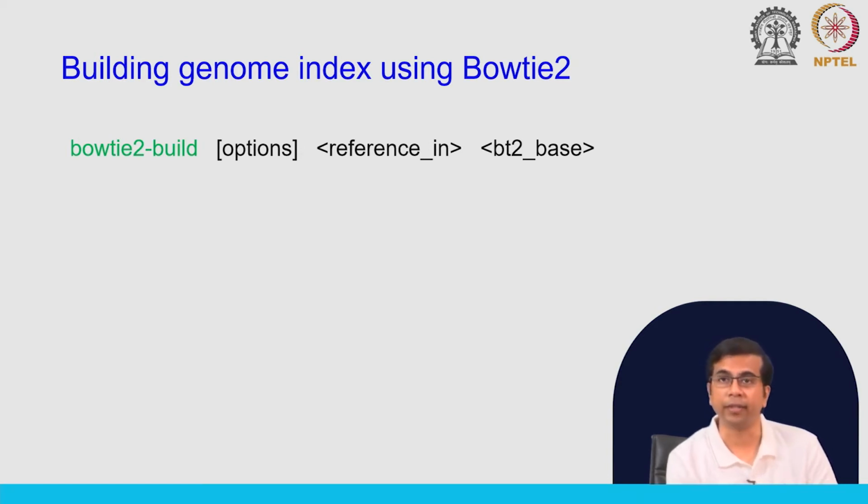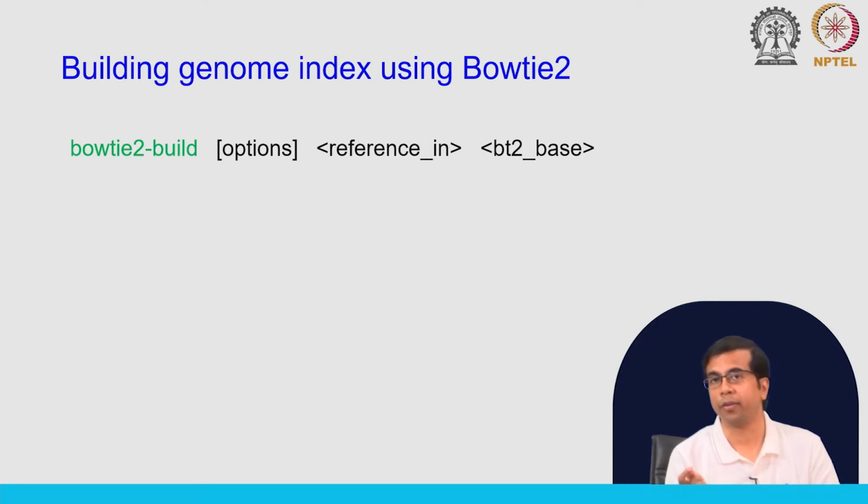It could be a single reference genome, or it could be multiple reference genomes. Maybe you have sequenced one reference genome along with certain other fragments, then you want to use these multiple reference genomes to build the index. And then you have bt2_base, which means you want to give the base file name for the index file.